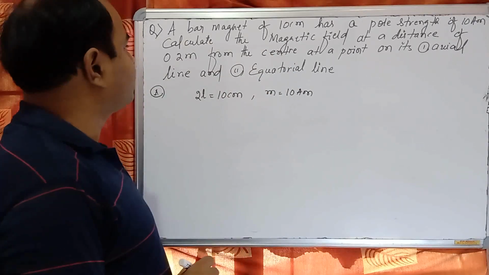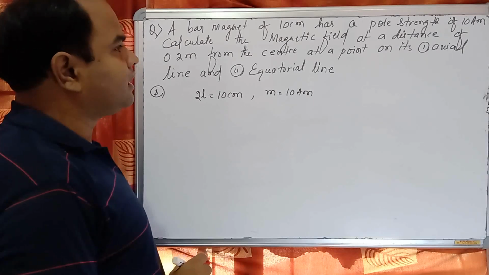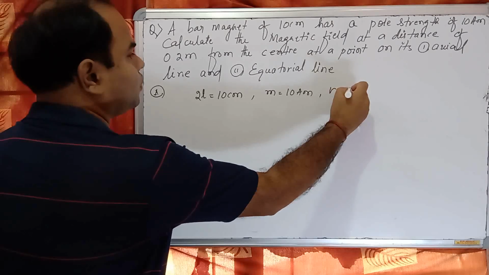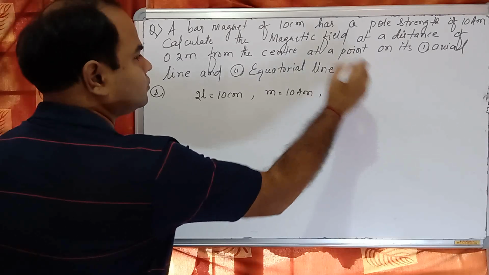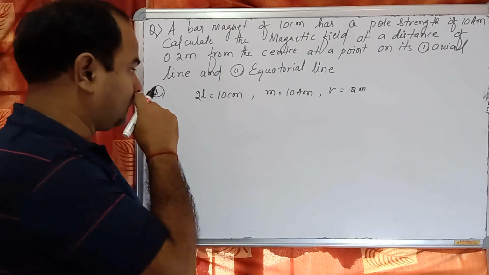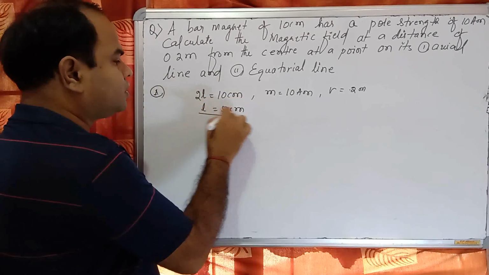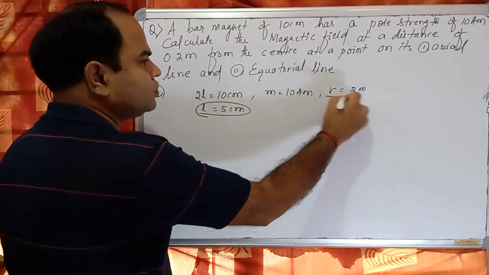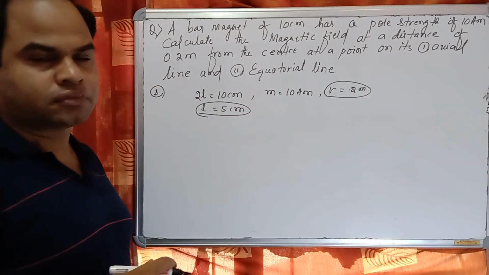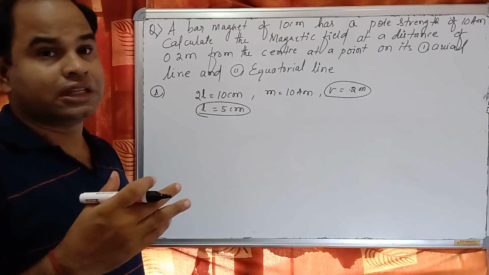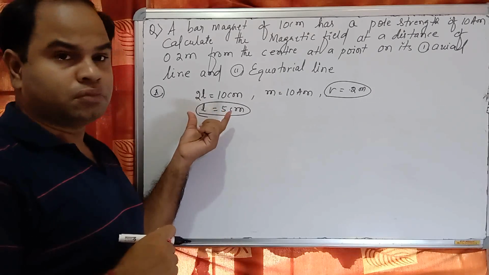Calculate the magnetic field at a distance of 0.2 meter. So R is 0.2 meter, or 20 cm. And L is 5 cm. When you consider 5 cm and this 20 cm, it is not so small.